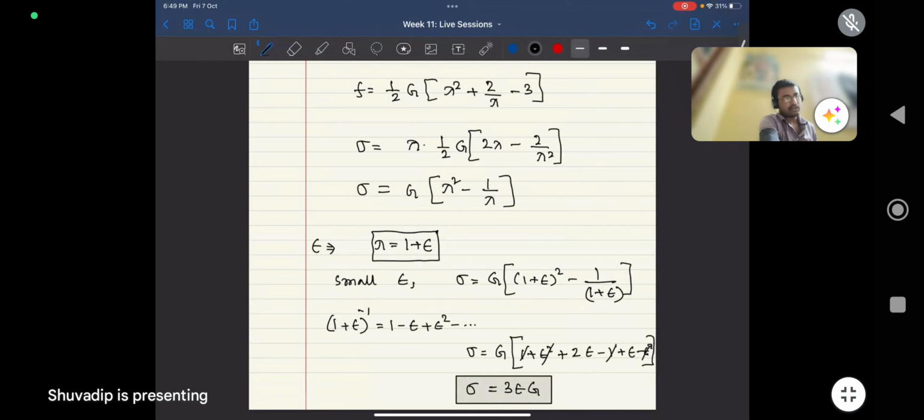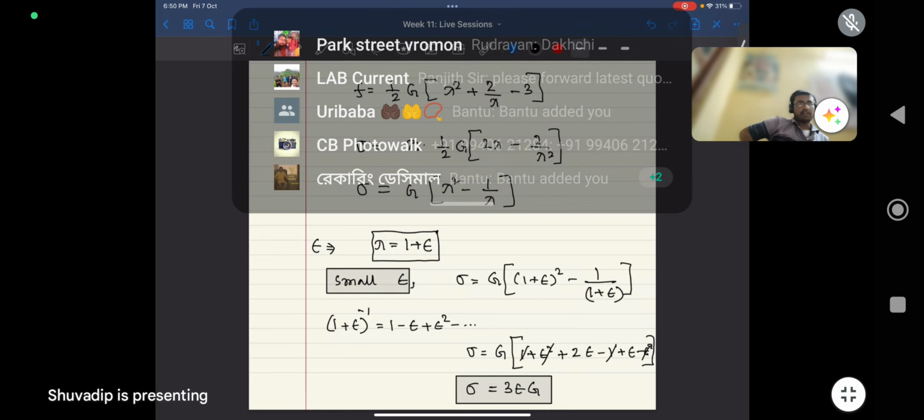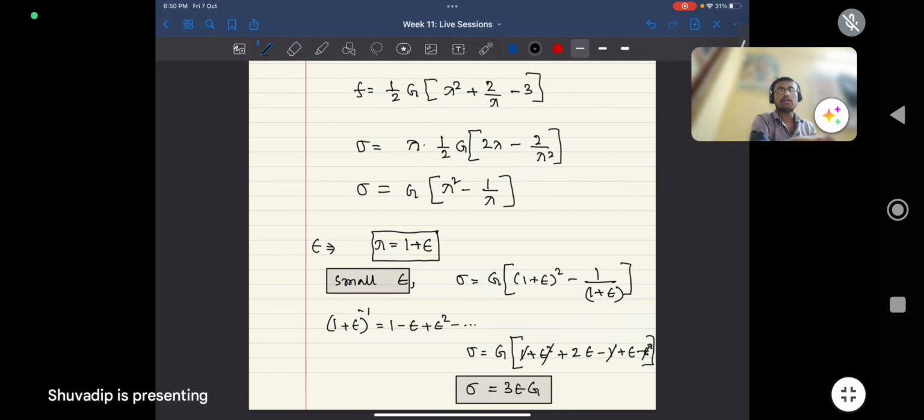This is the relation to be remembered here, the small epsilon limit: sigma is 3 epsilon into g.